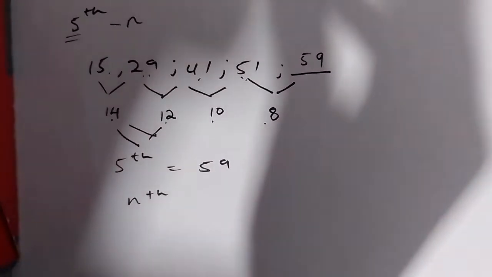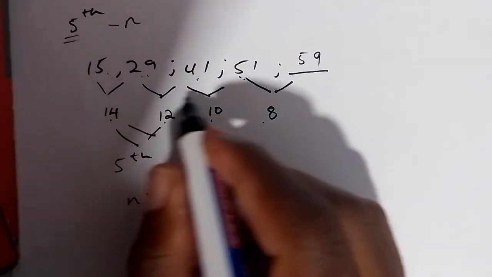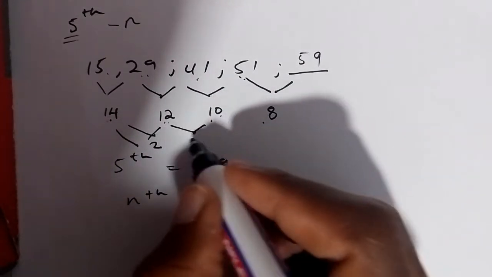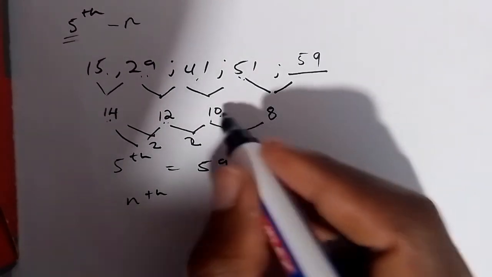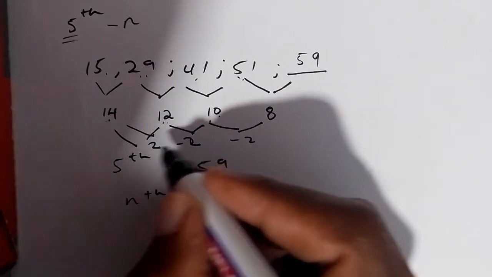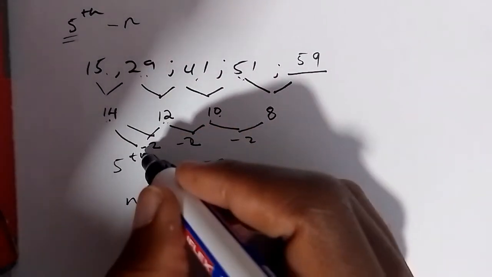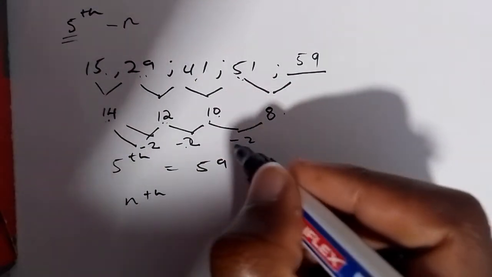Now it's a linear pattern of differences. 12 minus 14 gives me negative 2. 10 minus 12 is negative 2. 8 minus 10 is negative 2. These are all negatives.